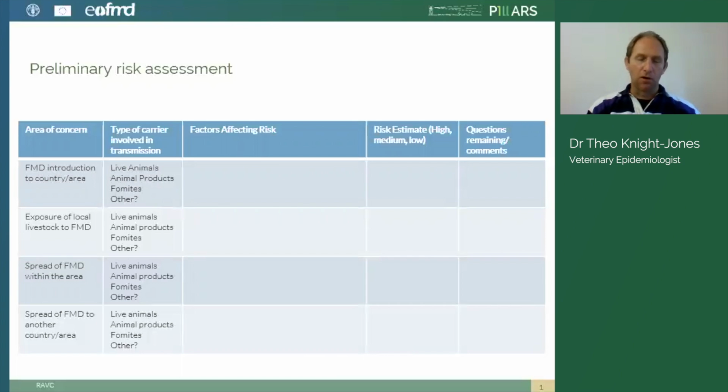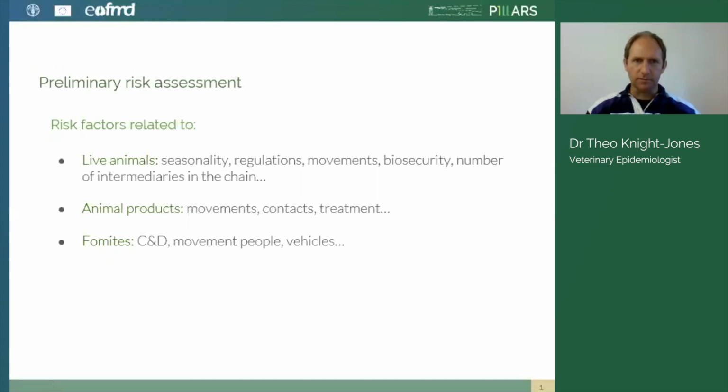Then we're looking for what can facilitate further spread within that area, and at the bottom, onward spread to other areas. So we'll be considering ways that the disease could spread. Live animals we know are an important transmitter of foot and mouth disease. They shed the largest amounts of virus. Animal products can also be contaminated, and you'll want to consider that.